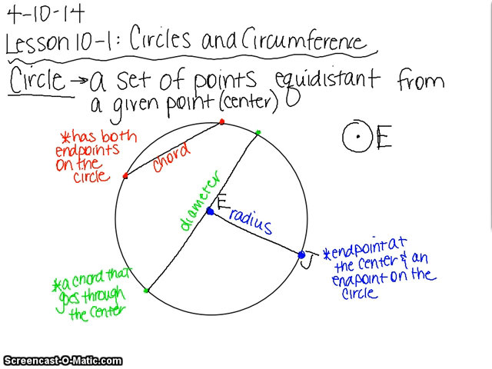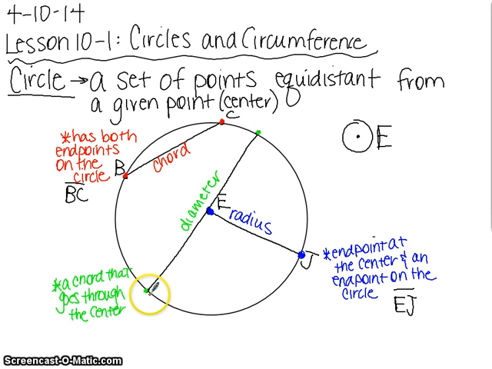So this radius, like, so if you're naming different things, which is what you're going to be asked to do today for part of it. So if I were to name a radius, I would say EJ and then put that segment symbol over the top of it. If I were to name this chord, like here, I'll call it B and C, I would name it BC and put the segment over the top of it.